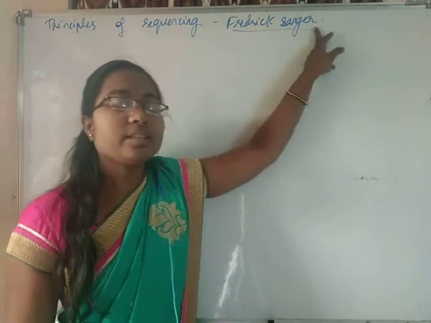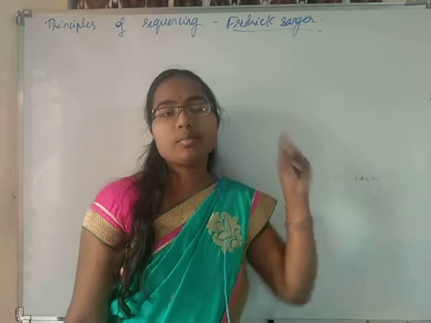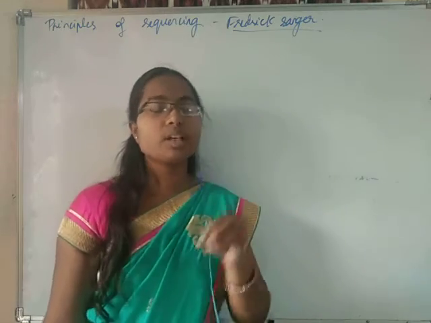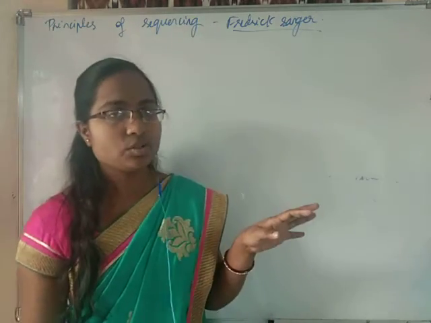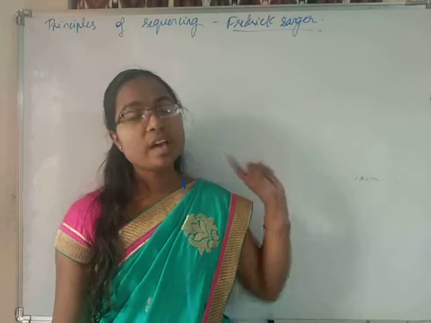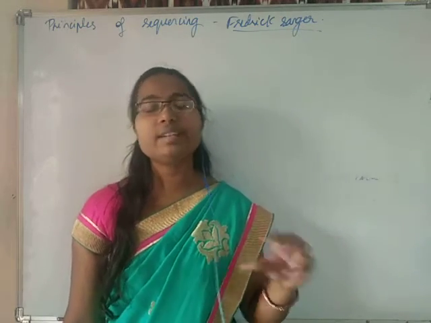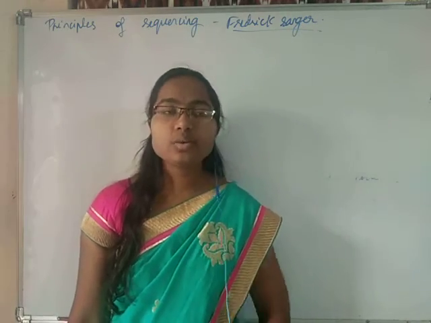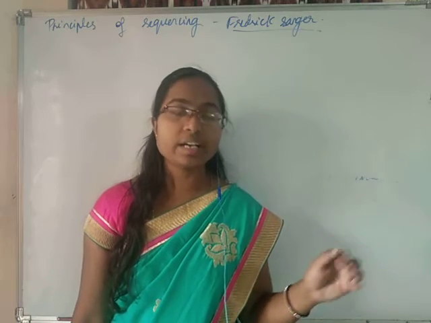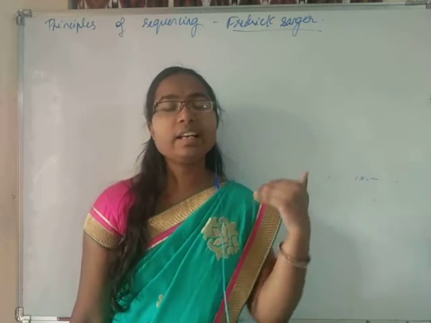Frederick Sanger is the same person who gave the principles for sequencing of the nucleotides in the human DNA. See students, there are many billions of nucleotides which cannot be readily read by man.